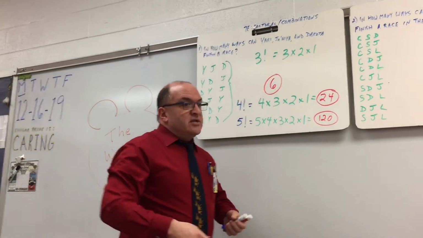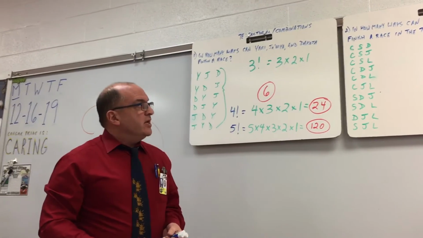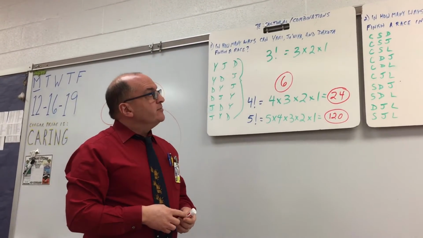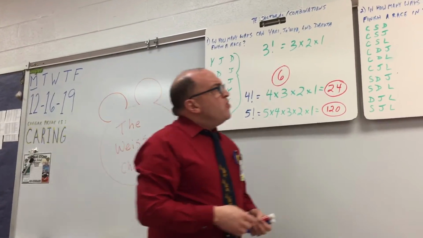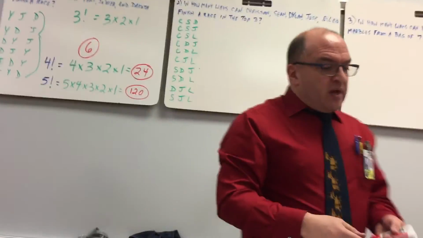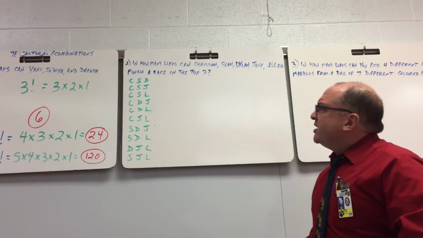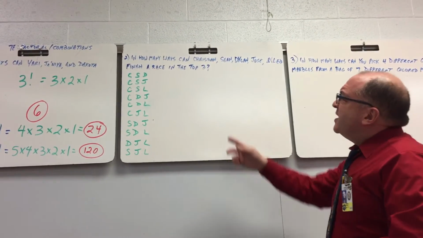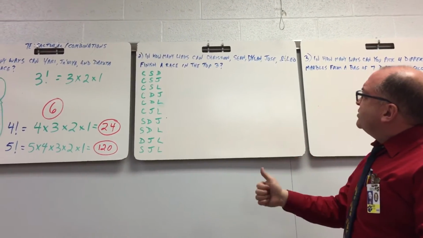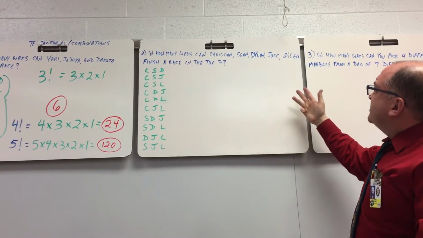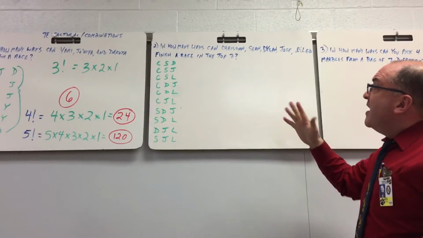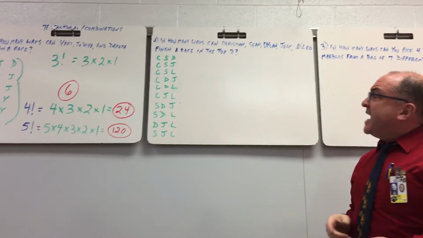And I can show you how to use the button on your calculator. All right? What about here? Here is a situation, it's called a combination. In how many ways can Christian, Sean, Dylan, Jose, and Leo, 5 people, finish a race in the top 3?